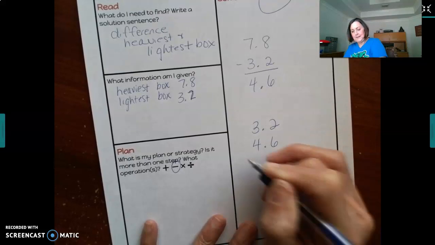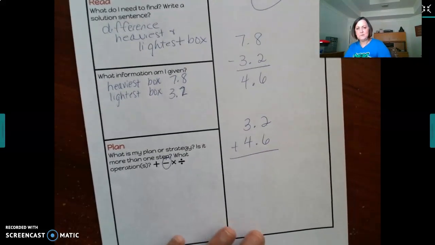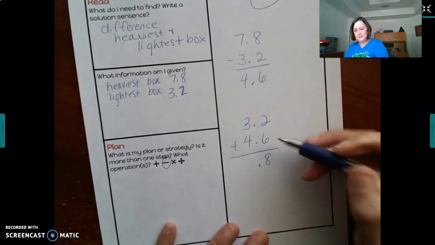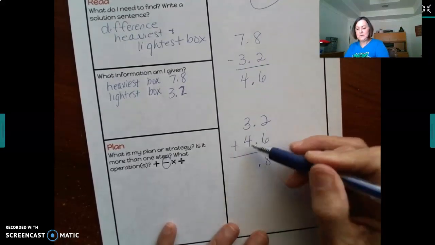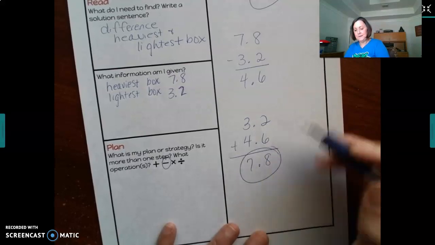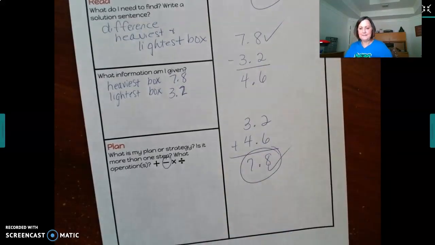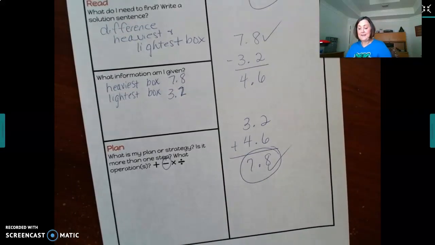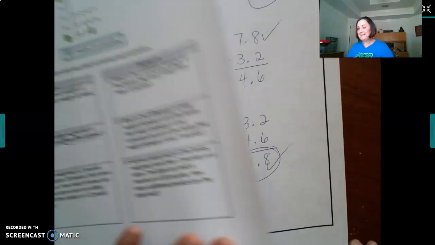I'm going to add these 2 numbers back together. 6/10 and 2/10 is 8/10. Bring down my decimal. 3 plus 4 ones is 7. So we have a checkmate. So the difference is 7 8/10, and we would put that into our solution sentence.